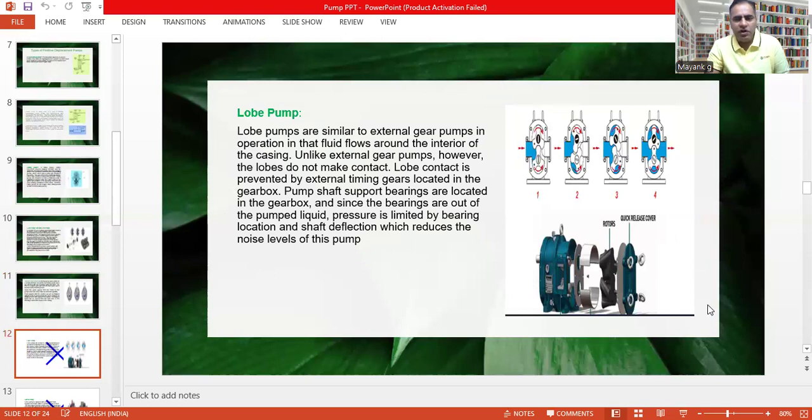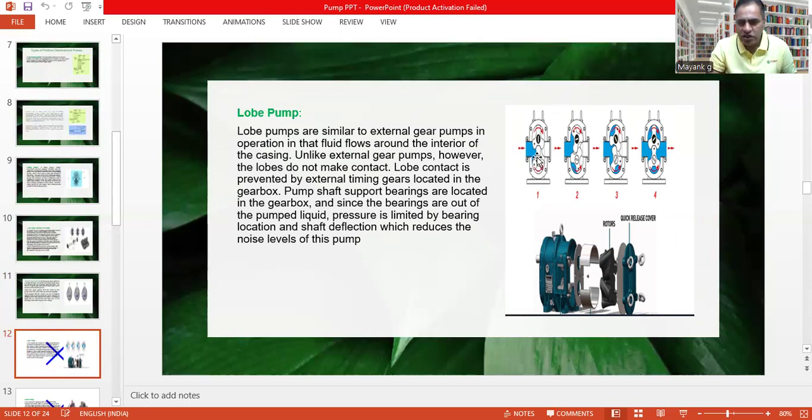Another category of positive displacement pump is the lobe pump. Lobe pumps are similar to the external gear pump. In this, the fluid flows around the interior of the casing. Unlike the external gear pump, however, the lobes do not make contact.